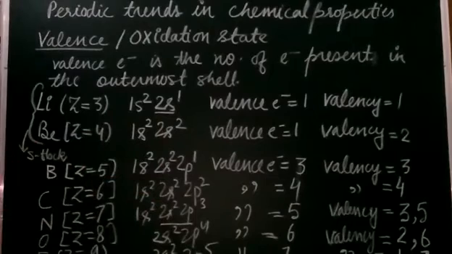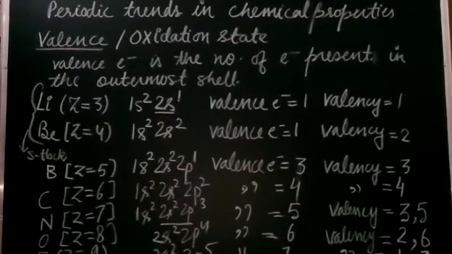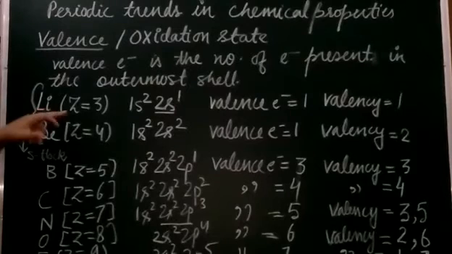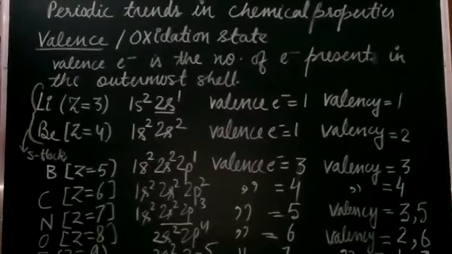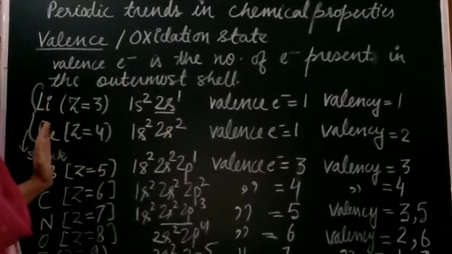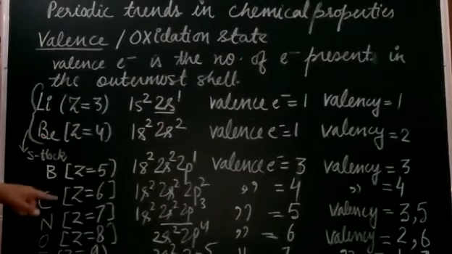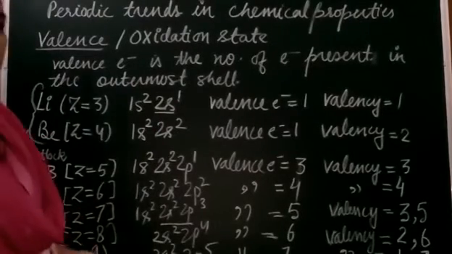So these are the elements of the second period. We have written the elements from atomic number 3 to atomic number 9, that means from group 1 to group 18: group 1, group 2, then group 13, 14, 15, 16 and 17, and then last is group 18 also.